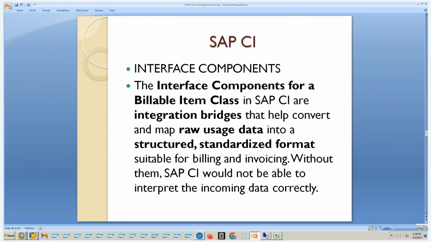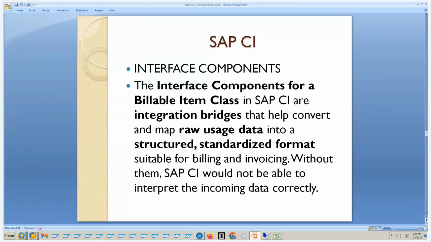Interface components, just now you saw, these components are given in SAP to use. Certain billable item classes need certain interface components. Unless the components are added and activated, we cannot use that billable item class for storing the billable item. So an initial understanding about each and every interface component is necessary. Okay.